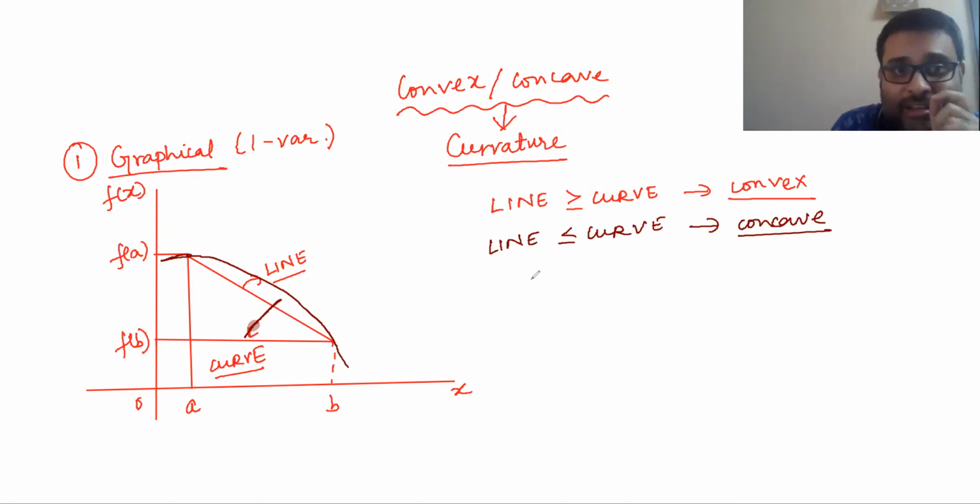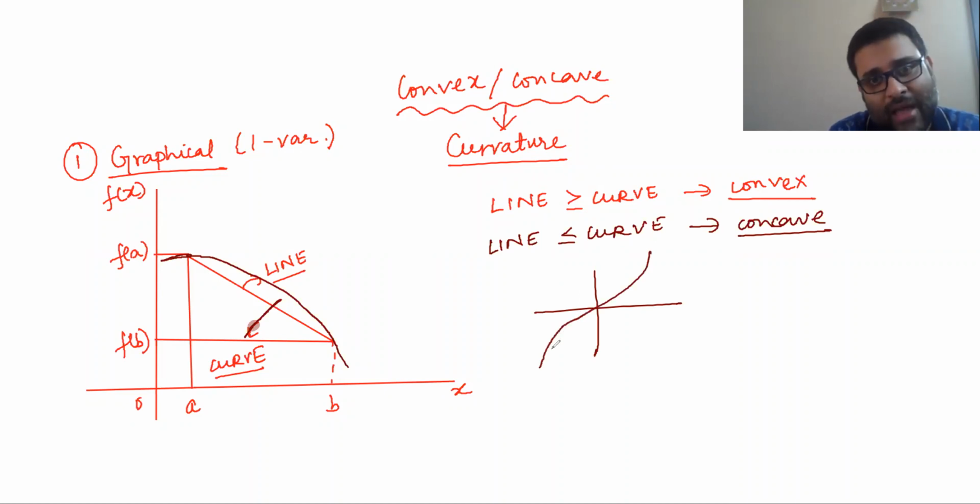Now, there is a possibility which can come in your mind. The possibility is, what if, sir, I have a graph where I join any 2 points, the line is below the curve here, and I join any 2 points here, the line is above the curve here. So what can be said about this graph, where in one part of the curve it is concave, and the other part of the curve, it is convex?